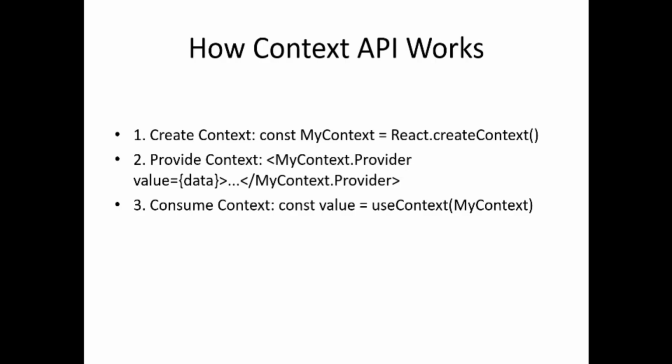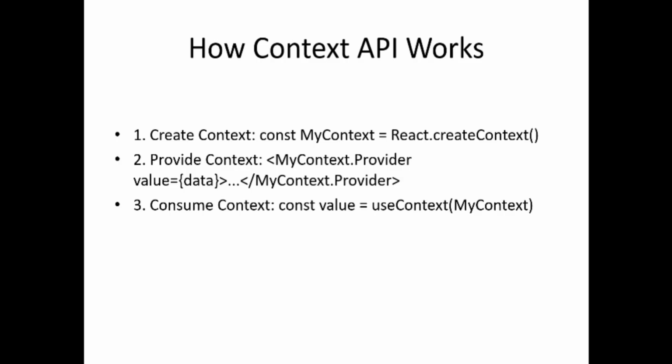Think of it as a box which stores some global data. The Provider is a component that wraps your app or a part of it. It gives access to the data inside the context, and you pass data using a value prop.